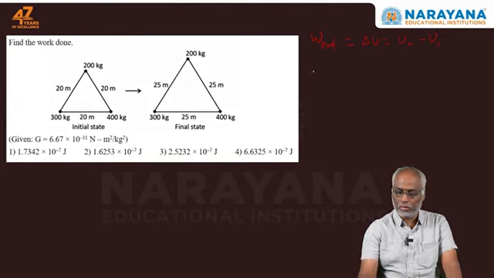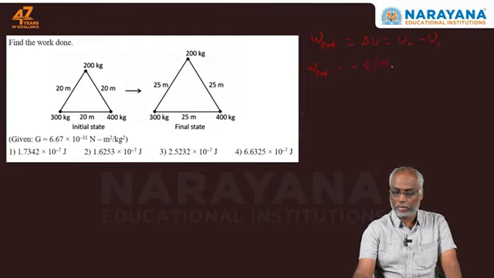So the amount of work done by the external force will be equal to minus G, taking the masses common, the product of the masses (M1 M2 plus M2 M3 plus M3 M1) whole multiplied with (1 by R2 minus 1 divided by R1), because I am calculating final minus initial.